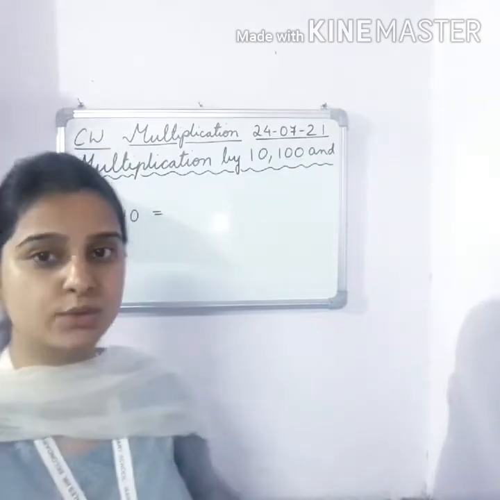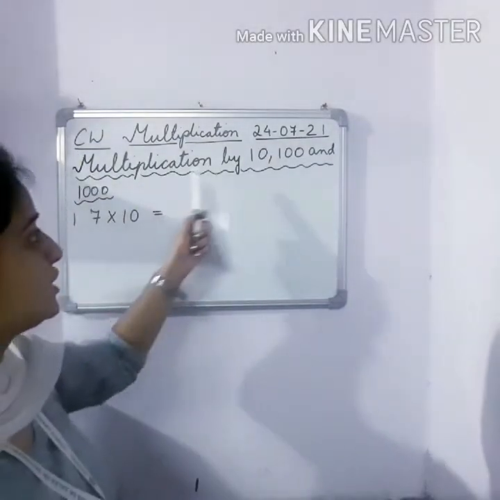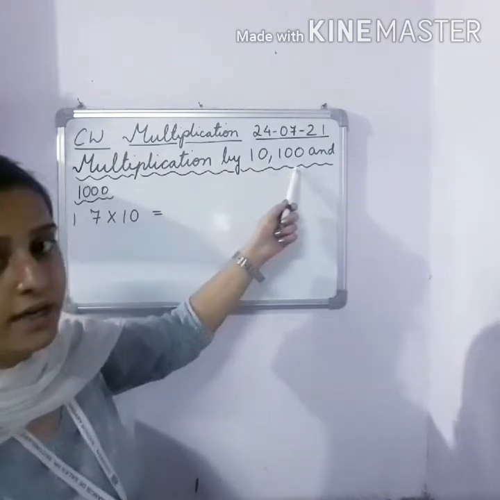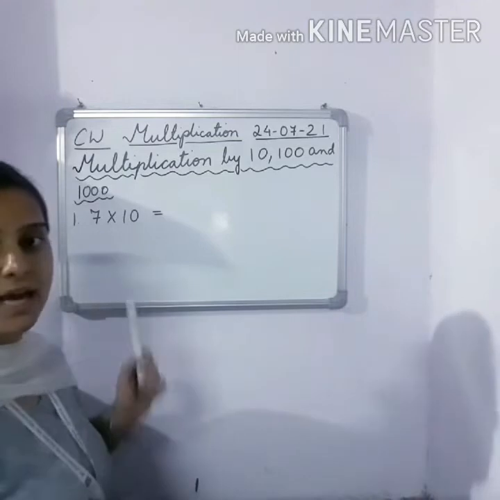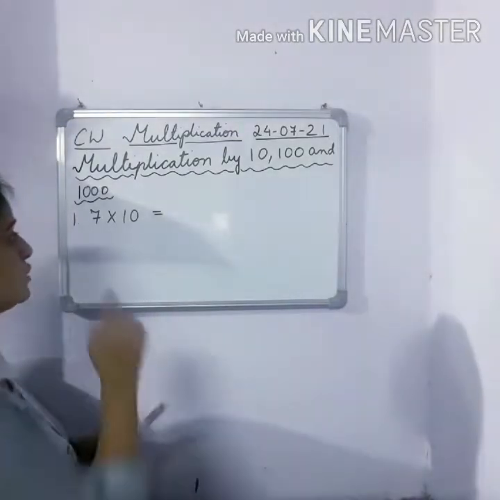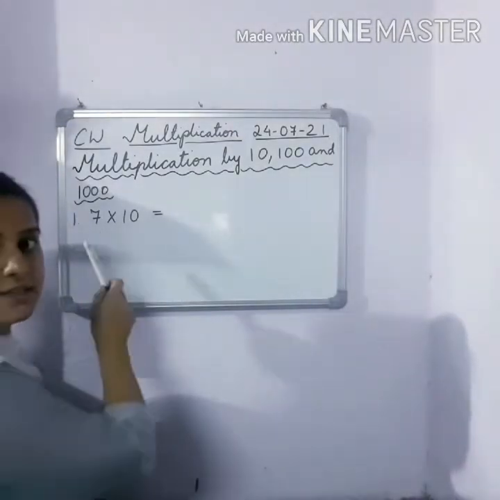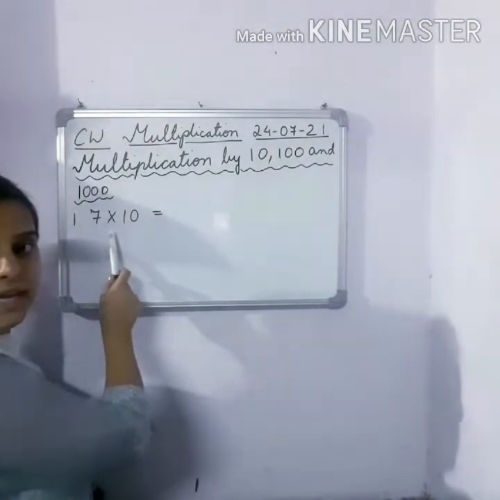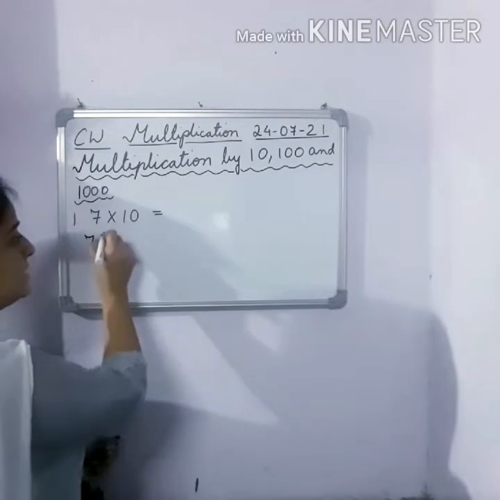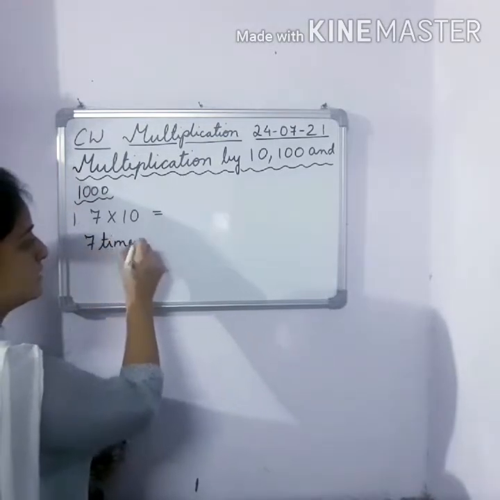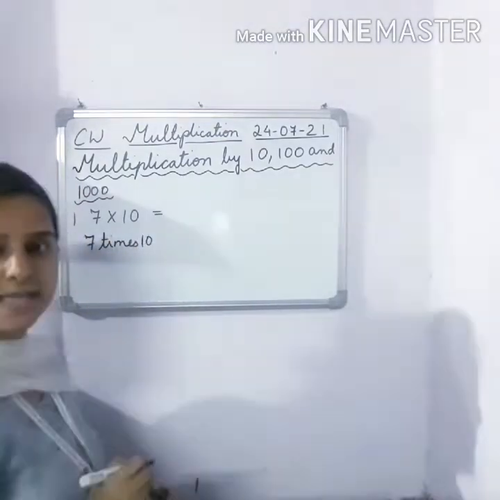So children, let's start with our first topic, multiplication by 10, 100 and 1000. First we will learn how to multiply a number by 10. What is written here? 7 into 10. You can also say 7 times 10, right?